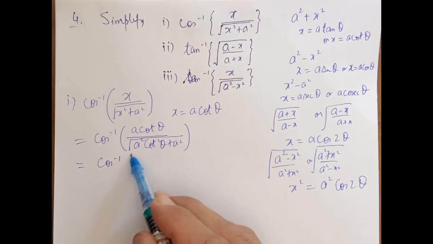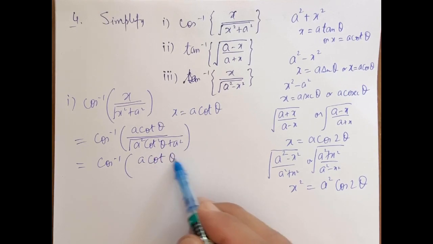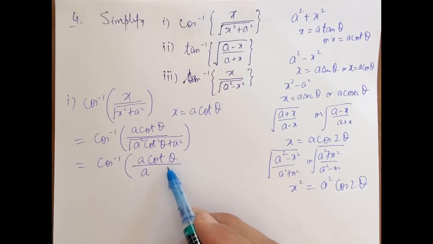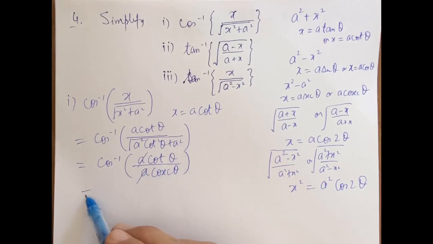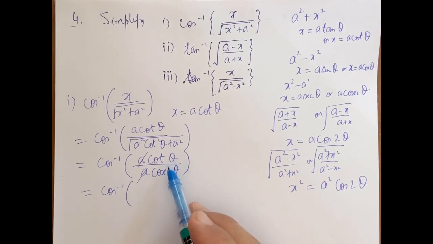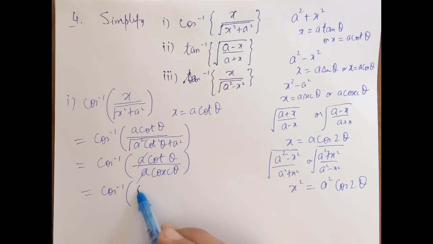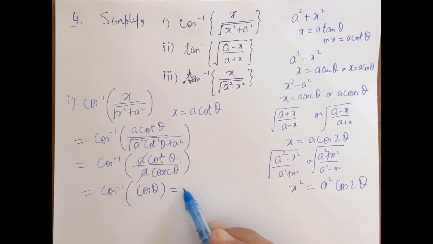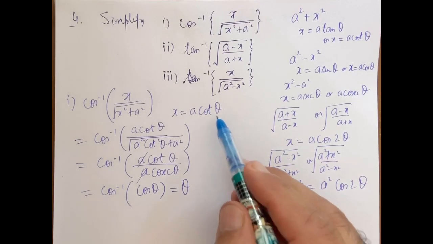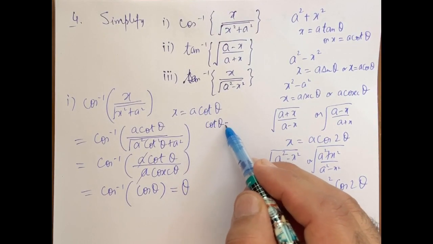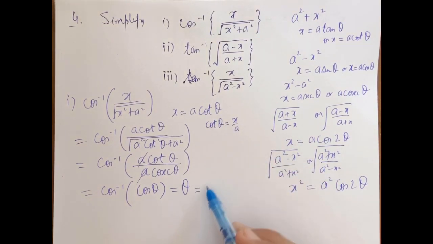This is cos inverse of a cot theta upon a, 1 plus cot square theta is cosecant square theta, after root it's cosecant theta. So a will cancel out. This is cos inverse of, now cot is cos upon sine, sine into cosecant will be 1. So this is cos inverse of cos theta, which is theta. Now from substitution we have cot theta is equal to x by a. So what is theta? Theta is cot inverse of x by a. So this is its simplification.